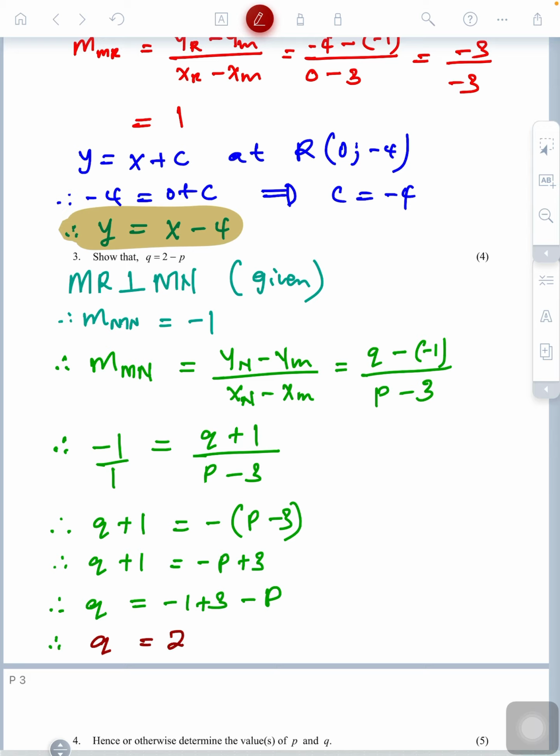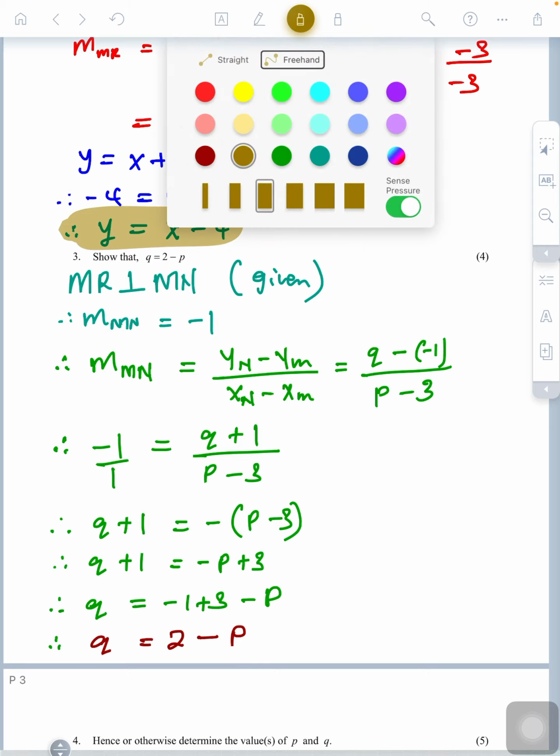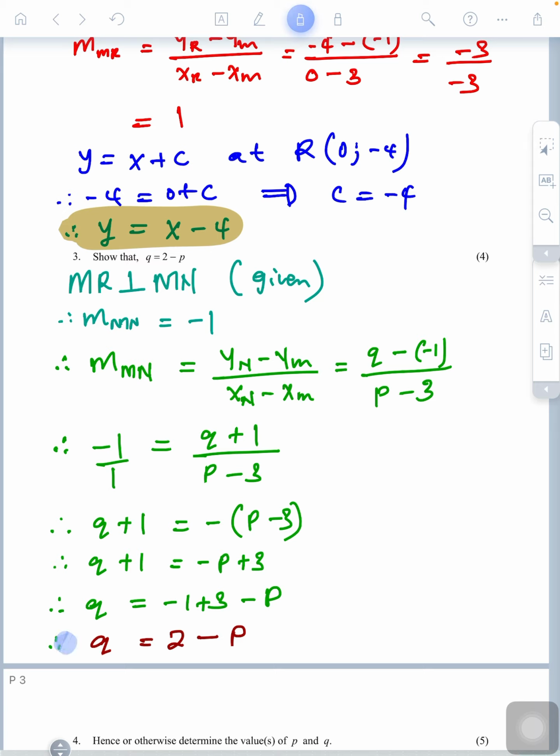This gives us 2, and then we have minus p. This is how we prove that the value of q is going to be given by 2 minus p right there. So I'm going to highlight that as well. So we have the value of q, which was proven to us that it's going to be given by 2 minus p in that case.